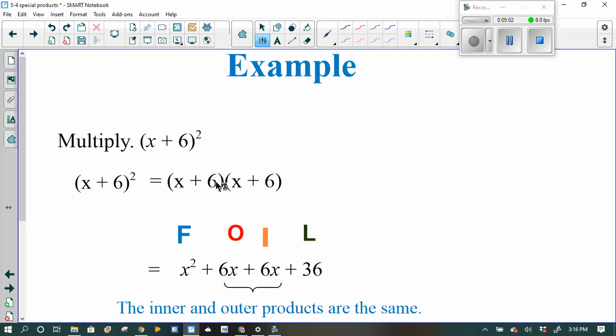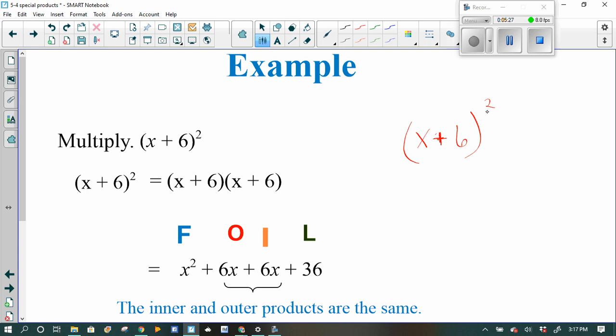All right, so they've taken x plus 6 squared and they broke it down and did FOIL. Okay, so let me show you my little thought process. Okay, so I know that since this is a binomial being squared, it's going to follow the rule.